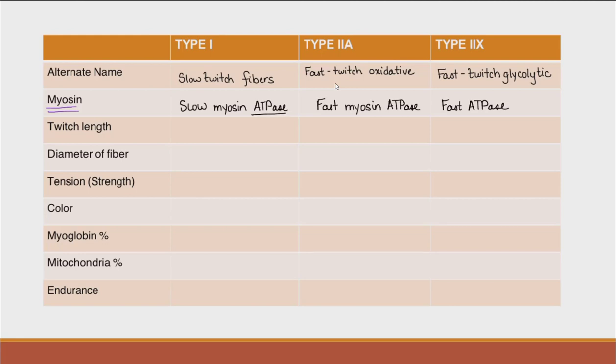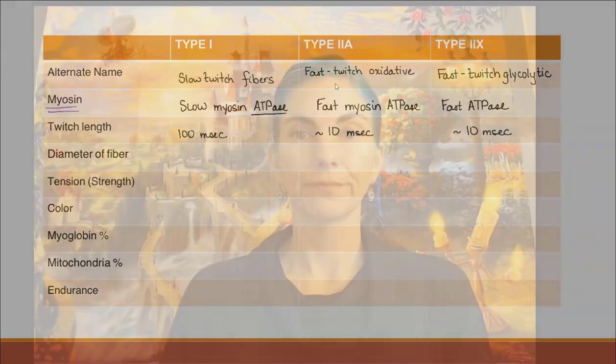So myosin is also an enzyme. It breaks ATP apart. And it can break it apart slowly, or it can break it apart quickly. Depends on which type of myosin you have. Okay, the twitch length for a type 1 is around 100 milliseconds. And for type 2, it's closer to 10 milliseconds.